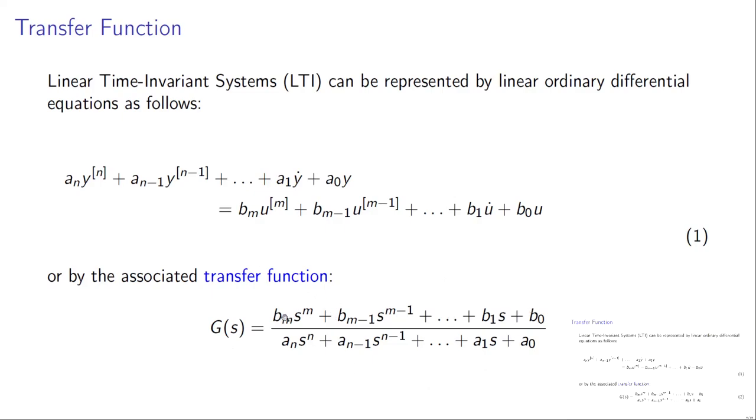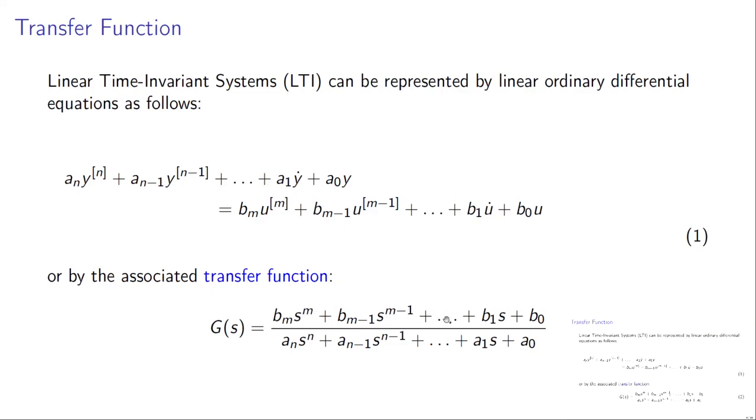Instead of the derivatives of order n, we have s to the power n. So this is the idea of the Laplace transform. You don't have derivatives anymore, but you have polynomials. Okay? And here, for the derivative of order m, you have the polynomial s of order m.